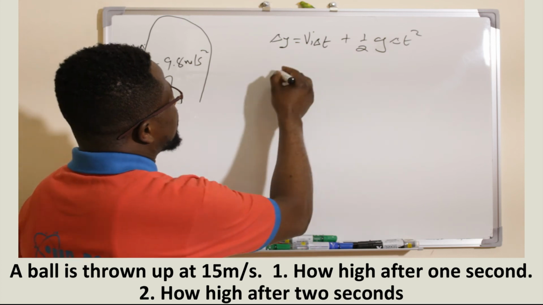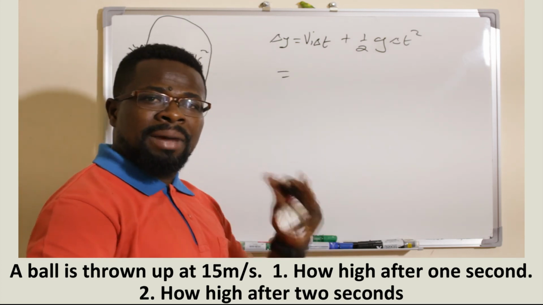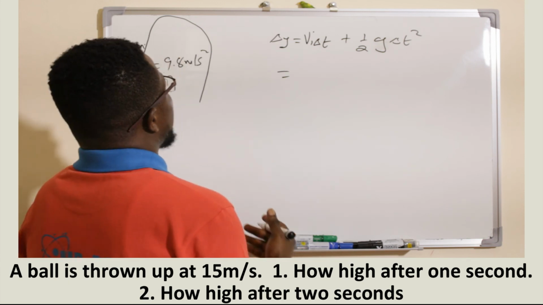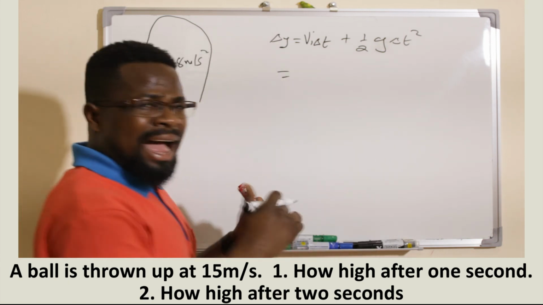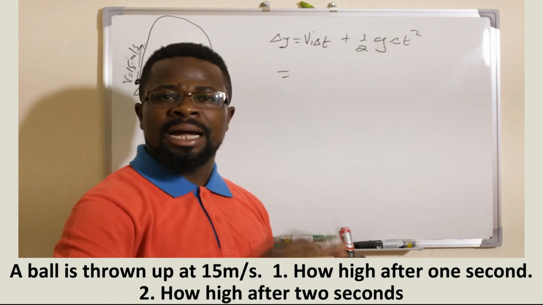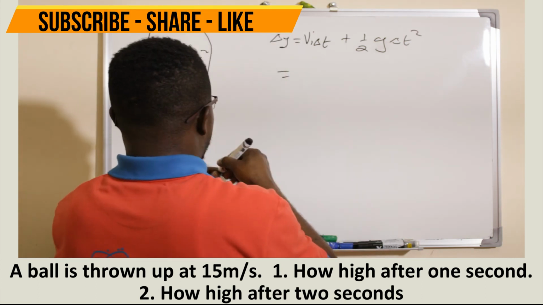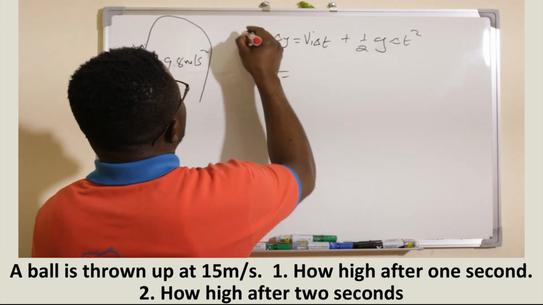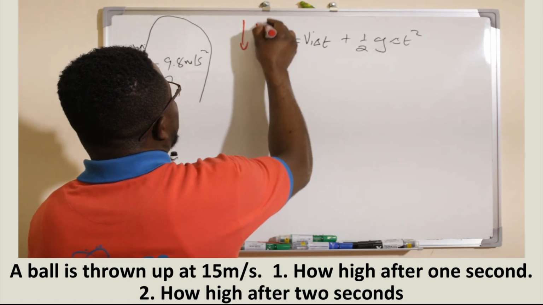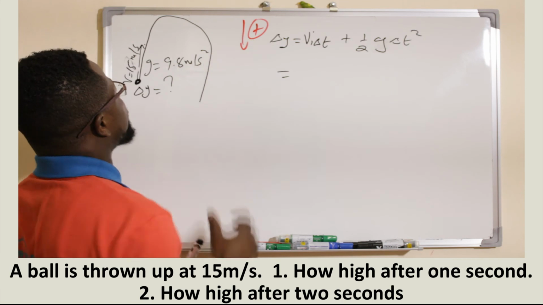What is the initial velocity? Remember, I need to take my direction of motion. All along I've been solving with upward as positive, so pardon me to use downward as positive in this case here. So I'm going to use my downward motion as positive. Here, anything that is going down is positive.